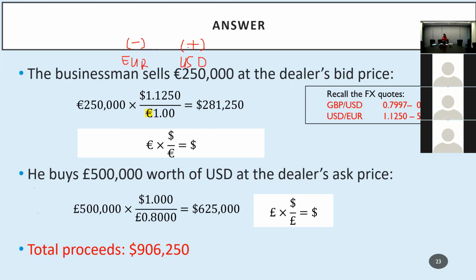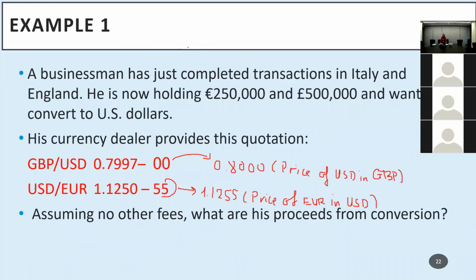So if I am a client wanting to sell the euro, I will be selling at the bank's bid price, right? So from the two quotes that we have, with the second quote, that's related to the euro. So this is the price of the euro in terms of the USD, right? So when I'm talking about the euro, I can apply these rates directly.